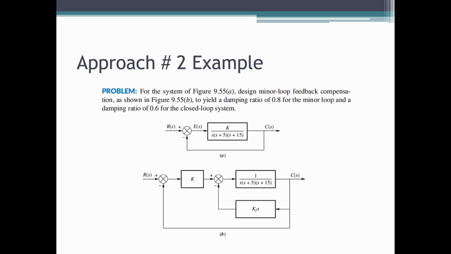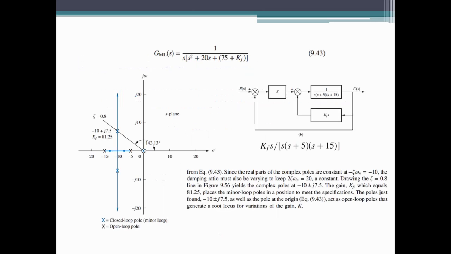Focusing on the minor loop, the transfer function of the minor loop is G minor loop(s) equals 1 over s times (s squared plus 20s plus (75 plus KF)). So the poles of the minor loop can be found analytically via the root locus.